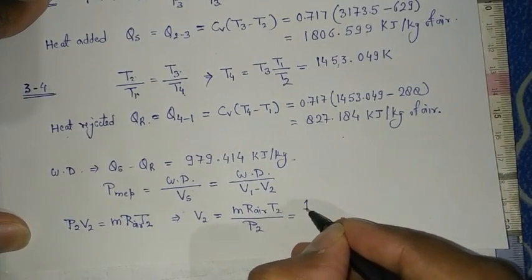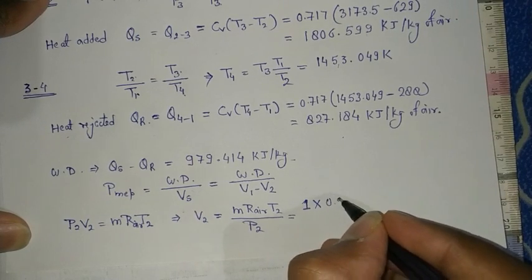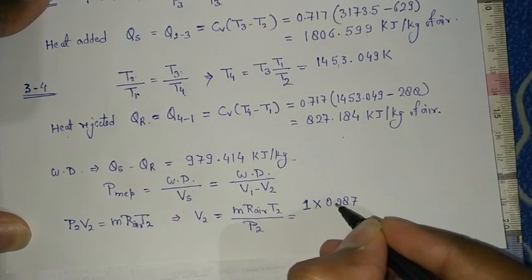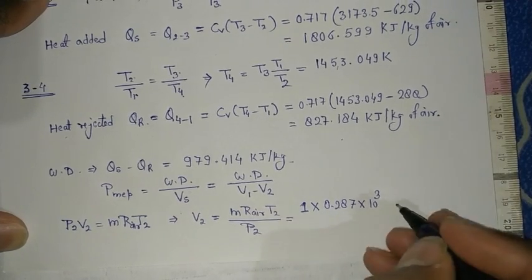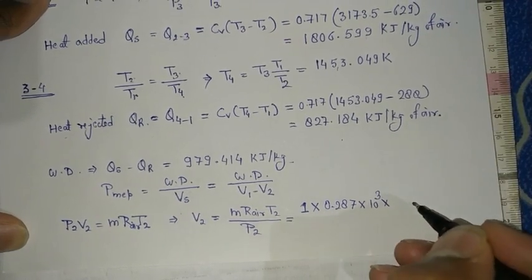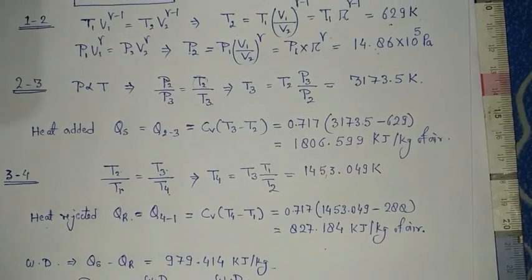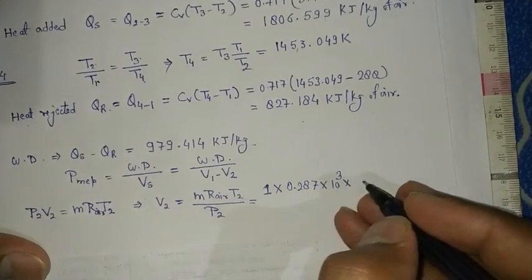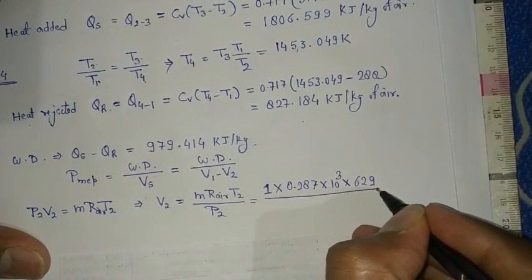M is 1, R is 0.287, since it's in kilojoule, then 10 to the power 3 joule per kg Kelvin. T2 is equal to, we have calculated T2 here, 629 Kelvin, divided by P2.